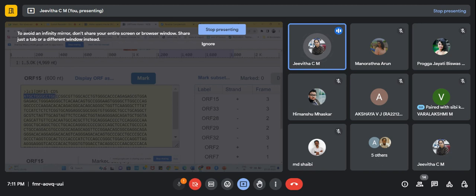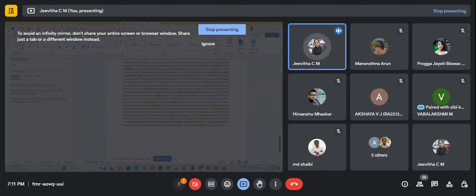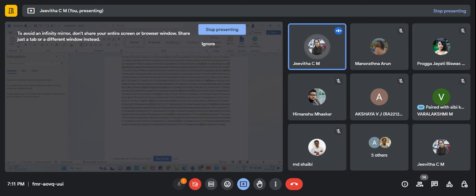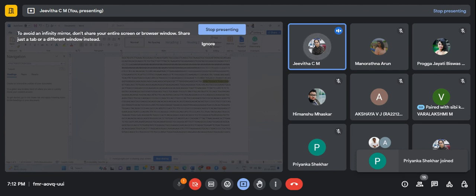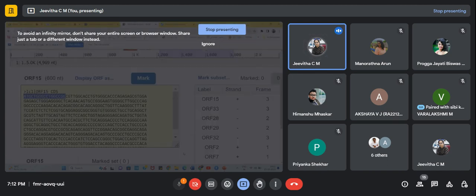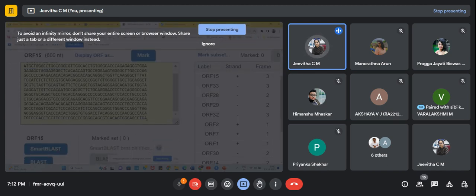You can copy some set of nucleotides here and search it against this file. You can see this is where the CDS region is, and you can mark this region, and you can take the 3 prime part also.